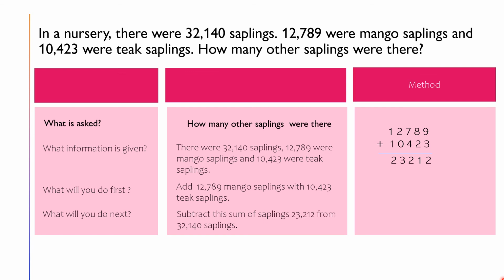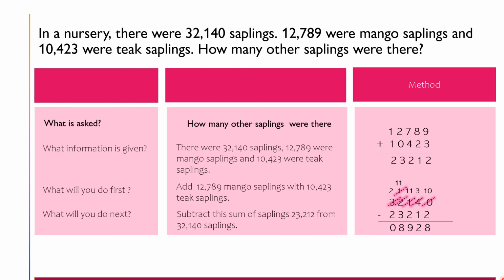Subtract this sum of saplings, 23,212, from the total number of saplings, that is 32,140. So in the third column we will do this method of subtraction. We will get the answer 8,928. So this is our final answer.